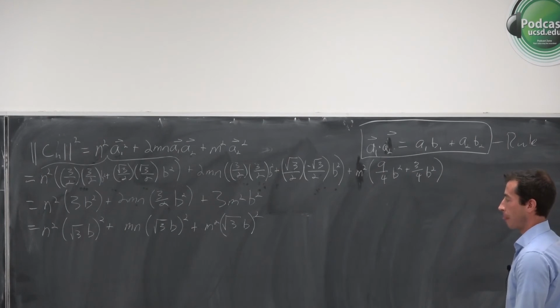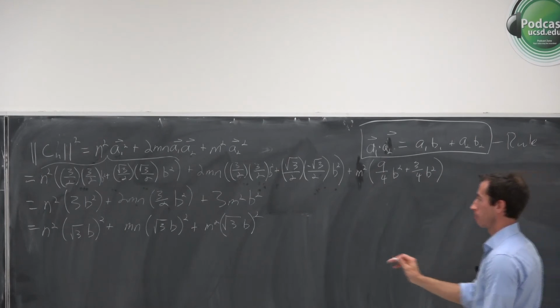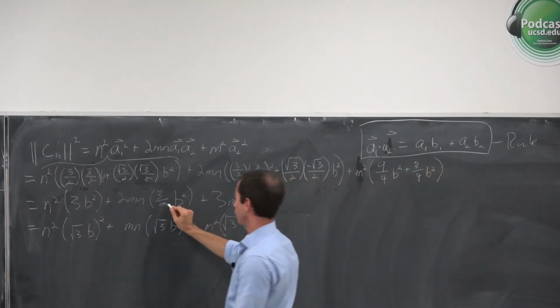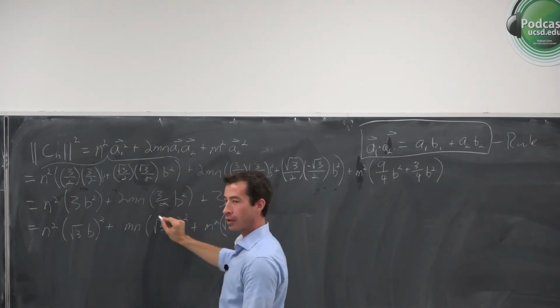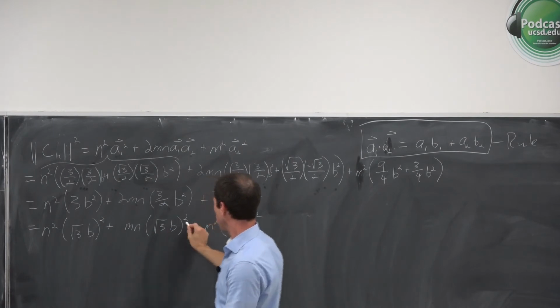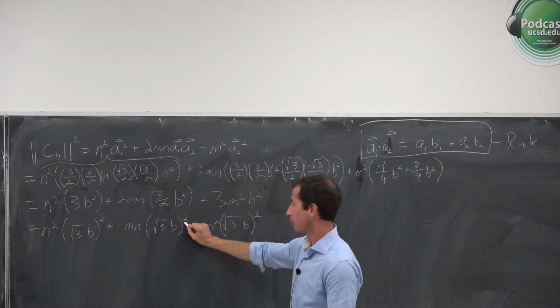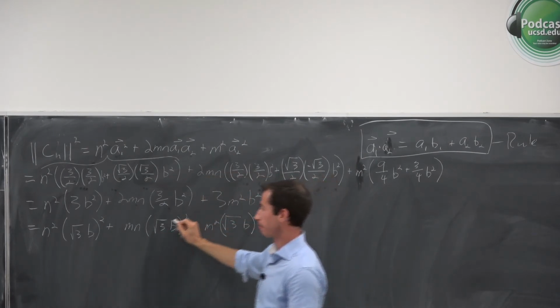Go from 2mn 3 over 2 to mn 3. That cancels. Why did it become root 3? Because I moved my square out here.